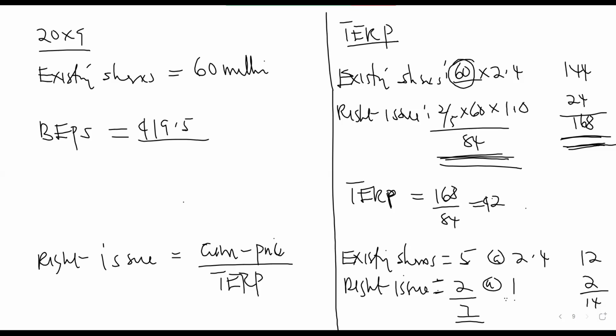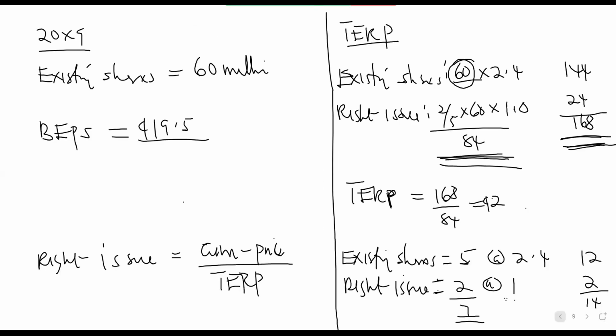Mostly we use the unit method. So you now find your right issue fraction. It's very simple. The right issue fraction will be equal to the price before the right issue, which is 2.4, divided by the theoretical ex-rights price, which is 2.